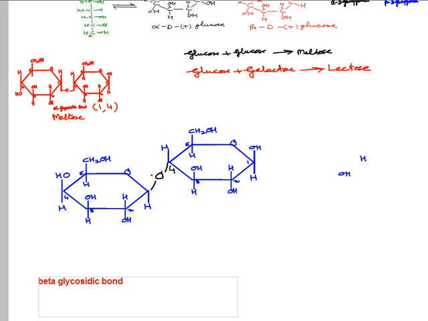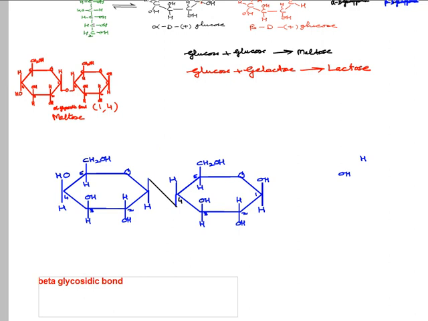So this is a 1,4 glycosidic beta linkage, right? So this is one way to write the molecule, but we write it slightly in a more refined form. So beta linkage, and here comes oxygen. This is how it is called a beta linkage.